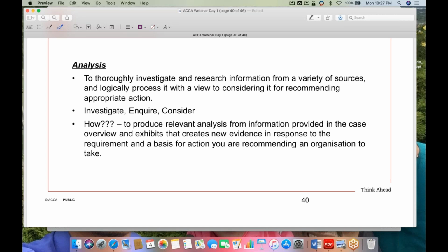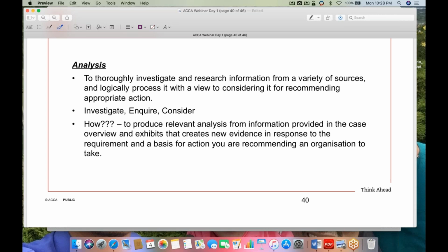When you are investigating, what do you do? When you investigate, I always tell my students, when you investigate, what are you looking for? You are looking for evidence. In order for you to get that particular evidence, you need some information. Where are you going to get it from?